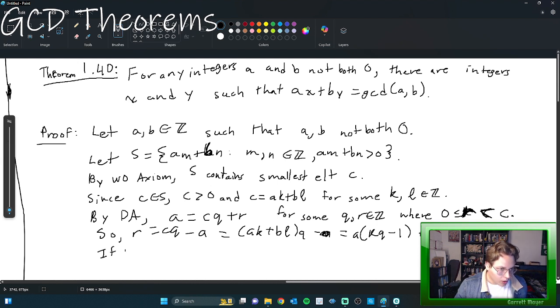If R does not equal 0, R is in S and R is less than C, but C is the smallest element.